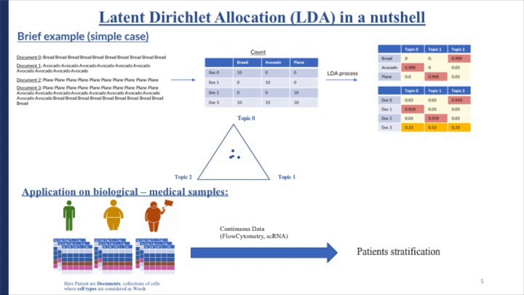For this purpose, we used a technique called latent Dirichlet allocation. LDA is used in natural language processing in the machine learning community. As a brief case, imagine you have different documents and every document is defined by some words. For example, document 0 is composed of bread, document 1 of avocado, document 2 of plain, and document 3 of a mixture of plain, avocado, and bread.